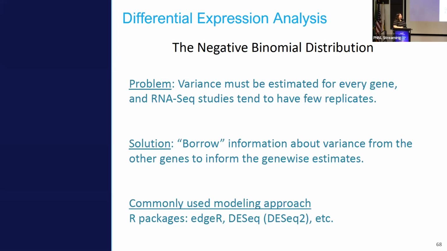We tend to try to borrow information about the variance from all the other genes in your data set. And this will become important when we start to look at some variance plots, but the commonly used modeling approaches that use this zero inflated negative binomial distribution are EdgeR or DESeq2. Those are by far and away the two most popular packages that get used.